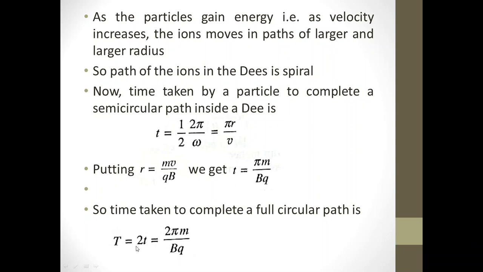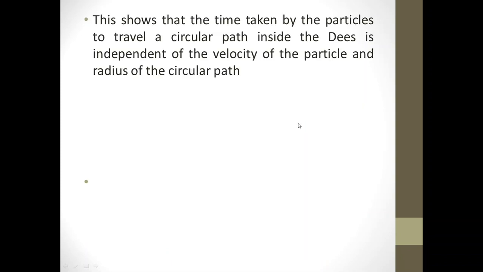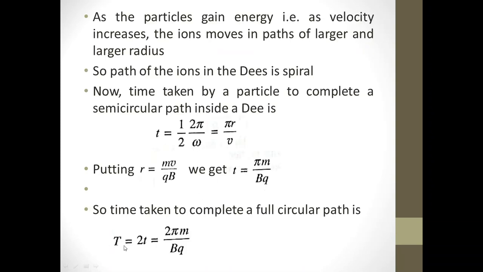This shows that the time taken by the particles to travel a circular path inside the Ds is independent of the velocity of the particle and the radius of the circular path. We can see from here, T is independent of velocity and independent of radius.